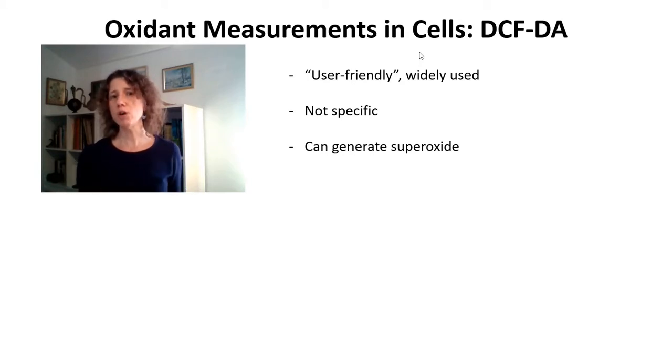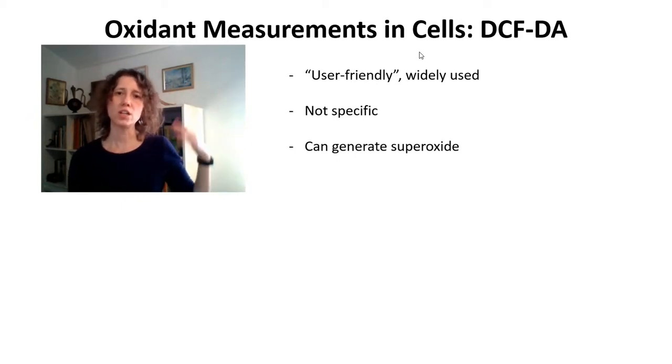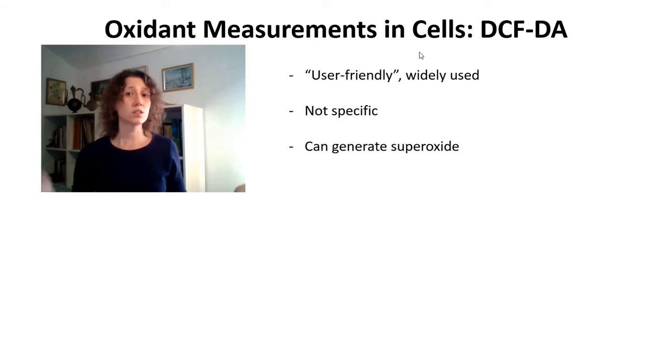And if you notice, most traces of DCF fluorescence actually have this ever-increasing rate of oxidation and increase in fluorescence. This does not reflect the production of oxidants in the cell, which probably would be linear over time, but instead reflects the fact that DCF is oxidizing itself from its oxidized form.